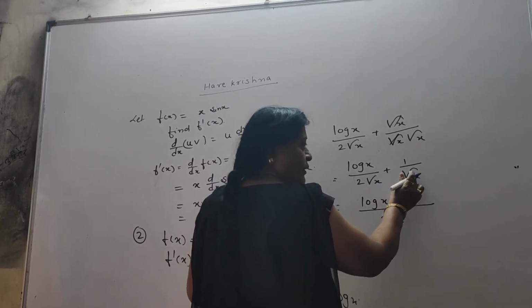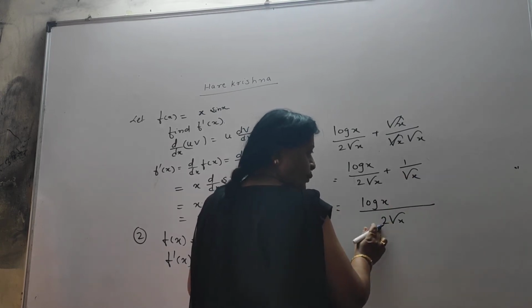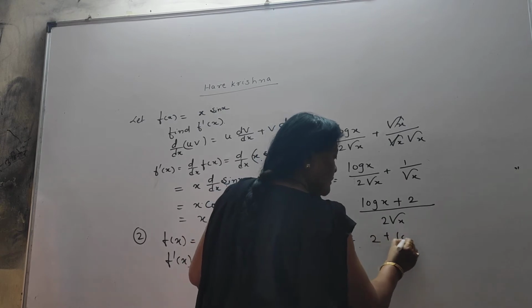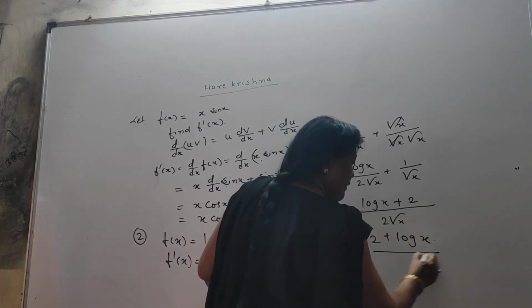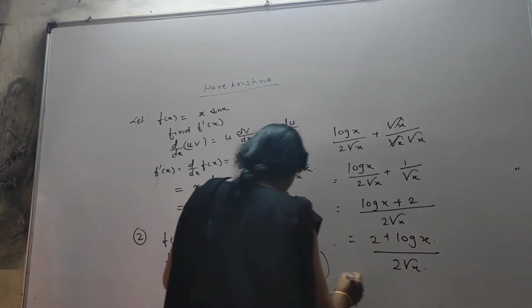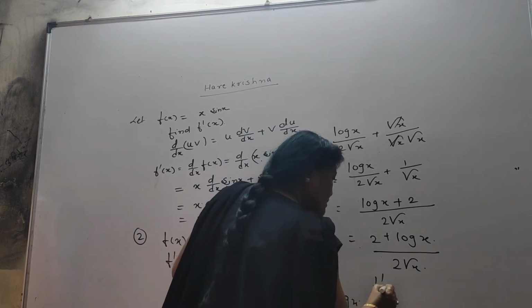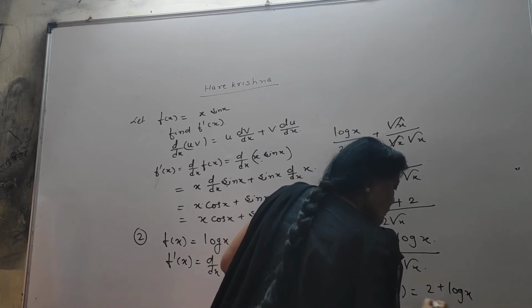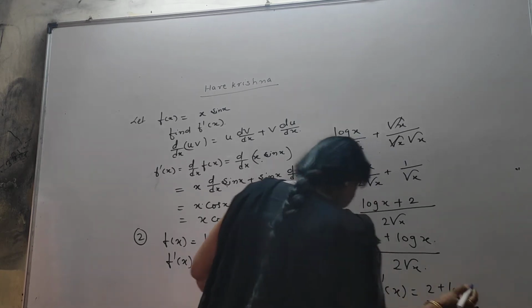If you divide it with root x, what remains? 2. Again, 2 into 1, that is 2. Therefore, 2 plus log x divided by 2 root x. Therefore, f dash x is equal to 2 plus log x divided by 2 root x.